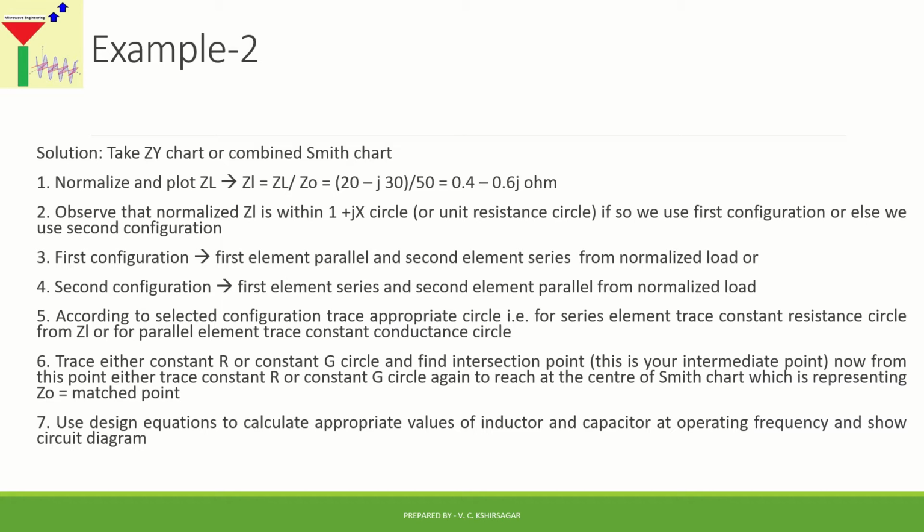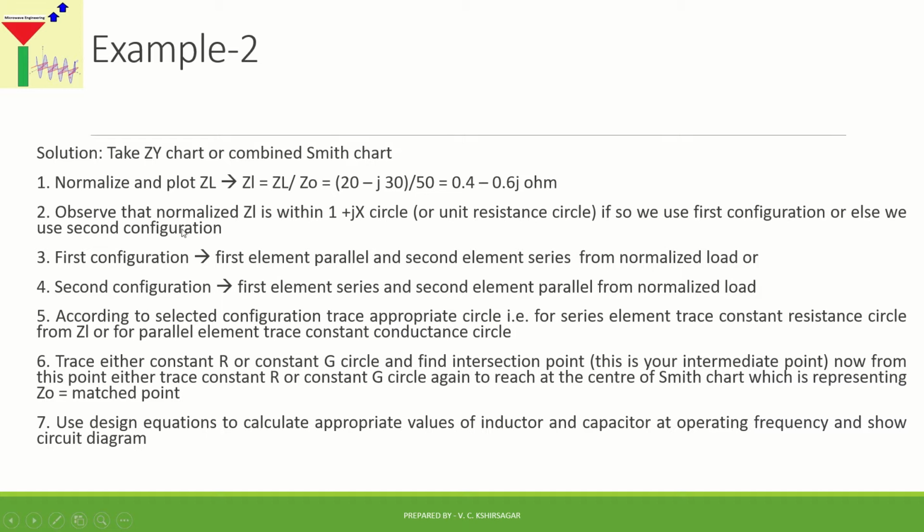If you use a Z chart to solve the lumped element matching problem, you will get the set of resistance circles, but not the conductance circles, which are required to design the impedance matching circuit. So I advise you to insist on using a ZY chart or combined chart whenever you solve impedance matching problems, because it gives you a ready-made set of conductance circles as well as resistance circles, right?